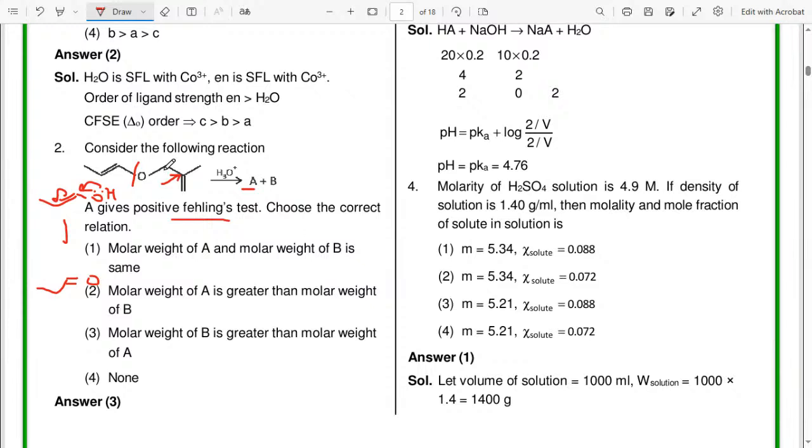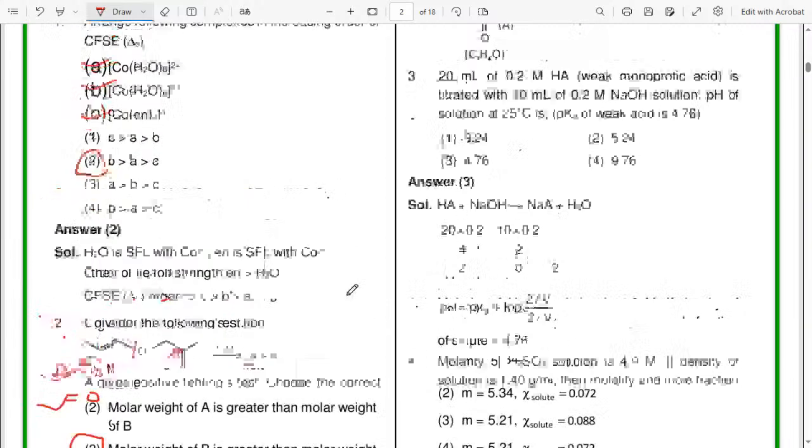No students, here there are 1, 2, 3, 4 carbons, here only 1, 2, 3 carbons, right? So this is not correct. Molar weight of A is greater than B? No. Molar weight of B is greater than molar weight of A. Yes, this side has more molecular weight compared to this side. So option 3 is the correct option students.